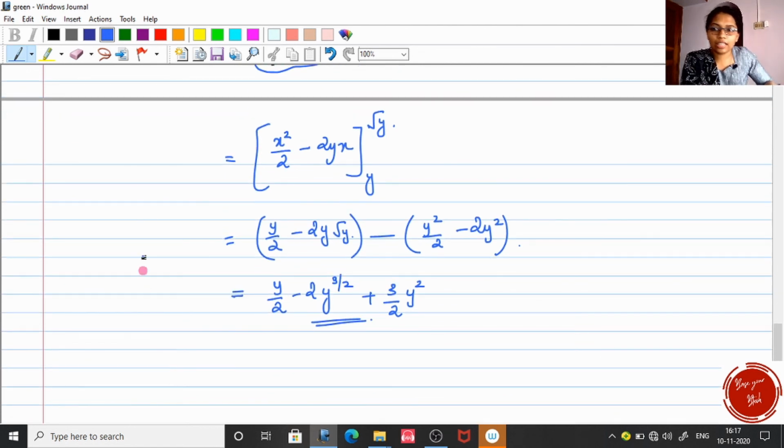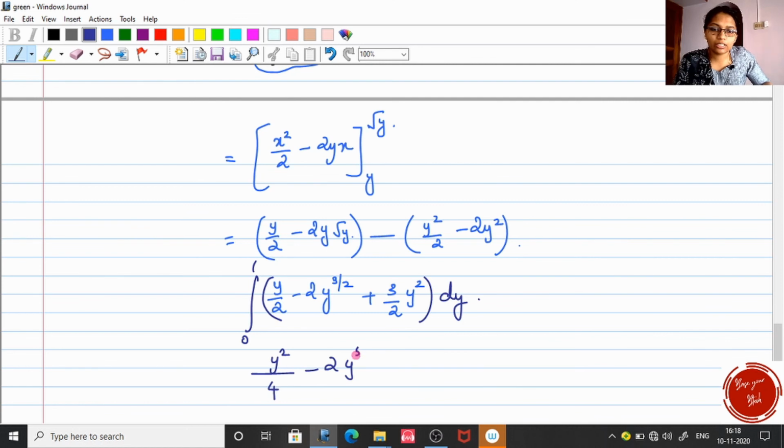So integral C1, let's modify this itself, integral 0 to 1 dy. Okay, so that is y square by 2, again with this 2 it becomes 4, and minus 2 y raised to 3 by 2 plus 1 is 5 by 2, over 5 by 2, plus 3 by 2 into y cube by 3.